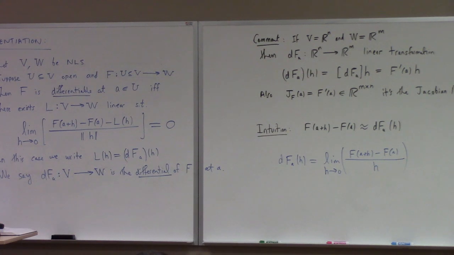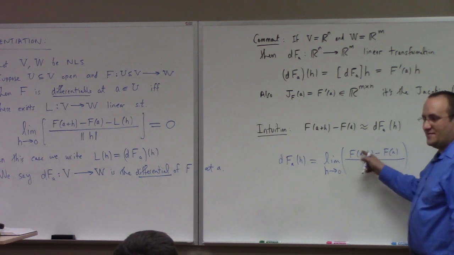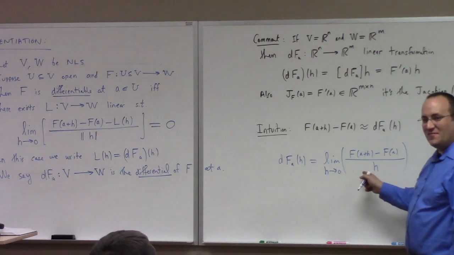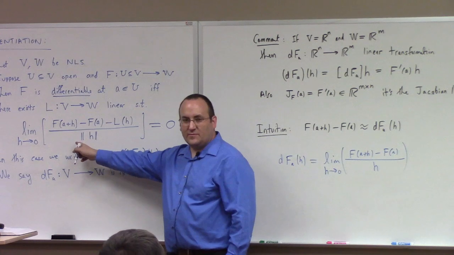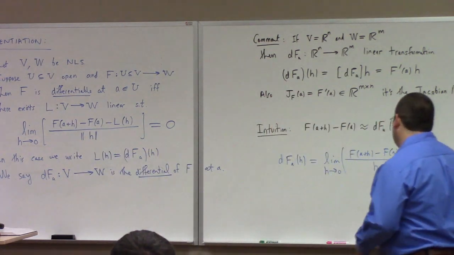Not invertible. This is division by a vector, which is not allowed, right? Yeah, that's the problem. We can't divide. So we have to divide by the norm of the vector because that still makes good sense, right?